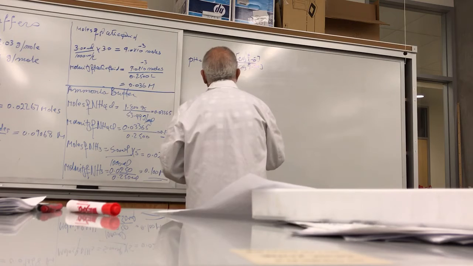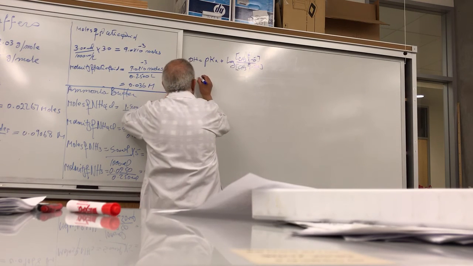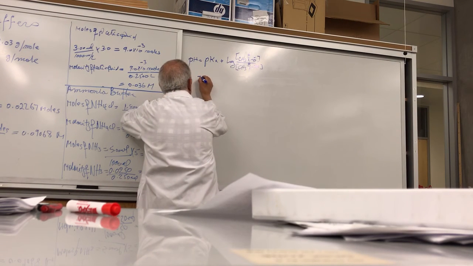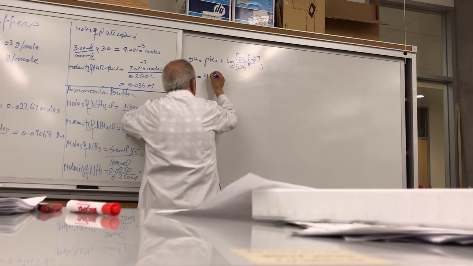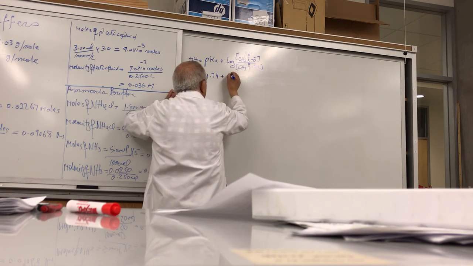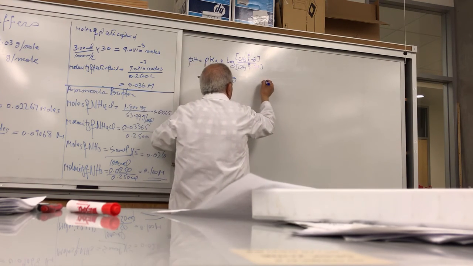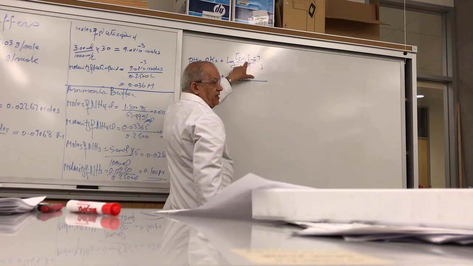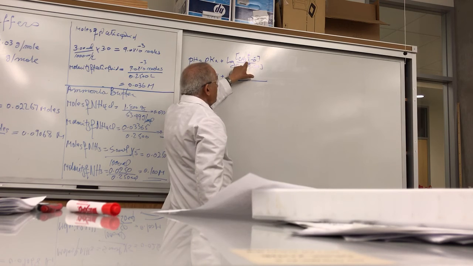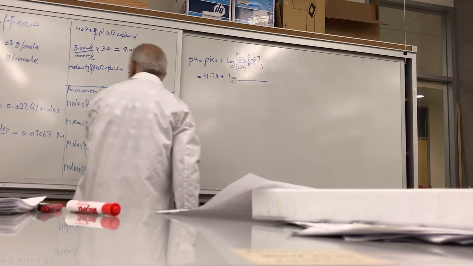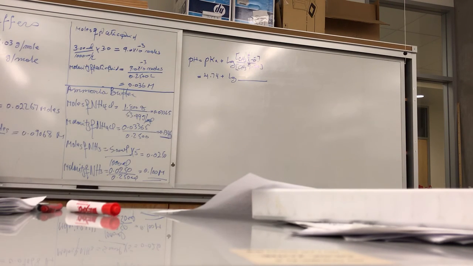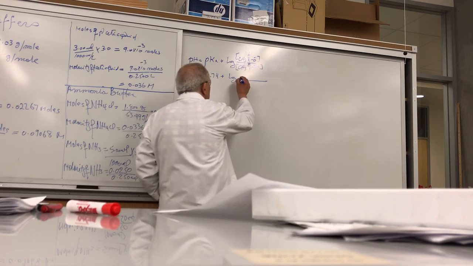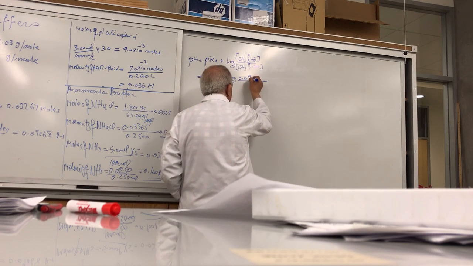So you can use this value. So it will be 4.74 plus log. Where am I going to get the acetate molarity from? I go back here. Molarity of sodium acetate, 0.0968. This would be 0.0968.